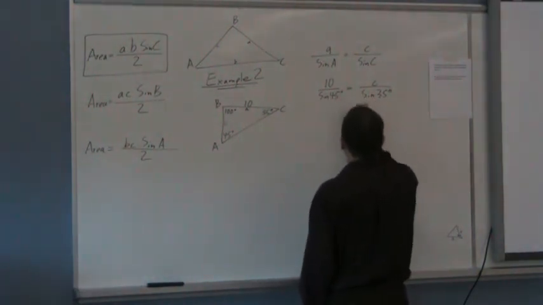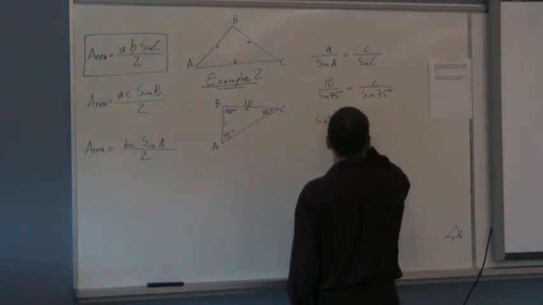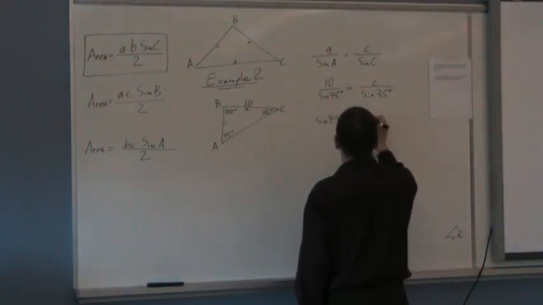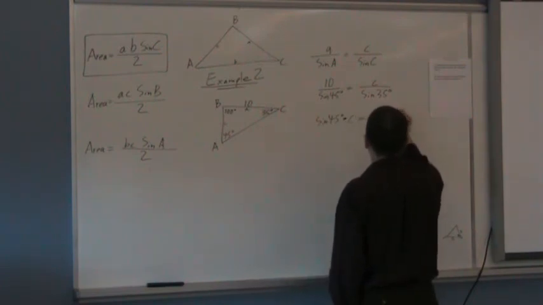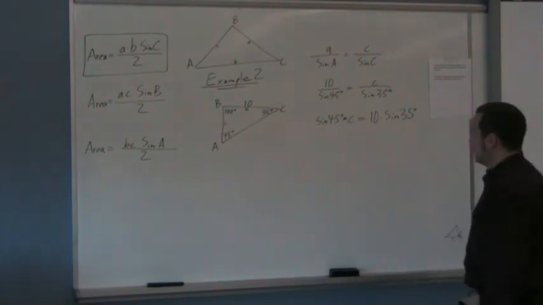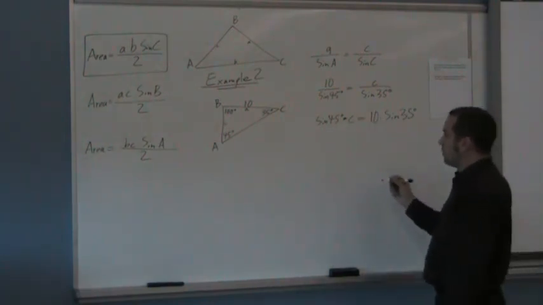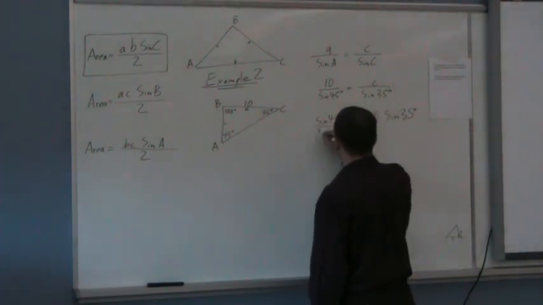So cross multiply. Sine of 45 times C is equal to 10 times the sine of 35 degrees. I want just C, so I have to get rid of the sine 45 in front of it. It's multiplying, so I have to divide both sides by the sine of 45 degrees.